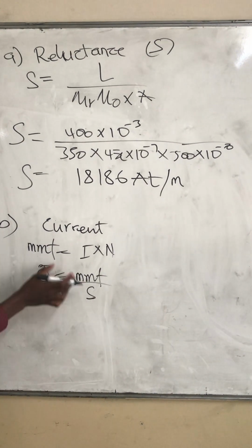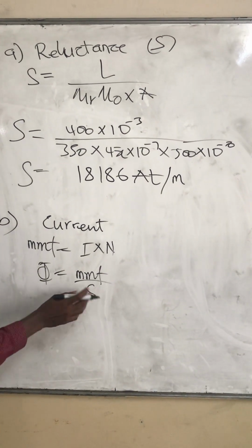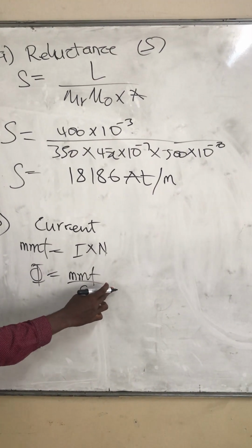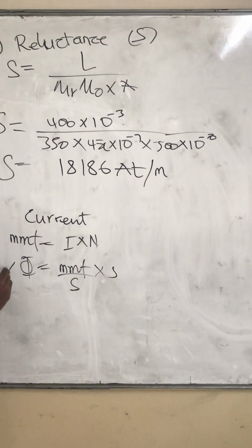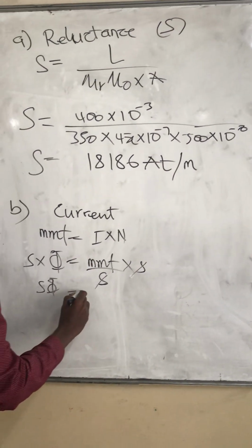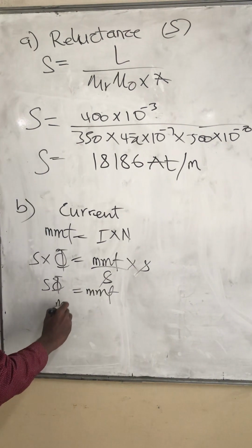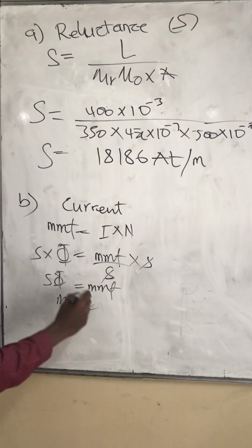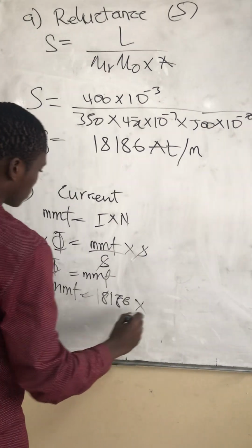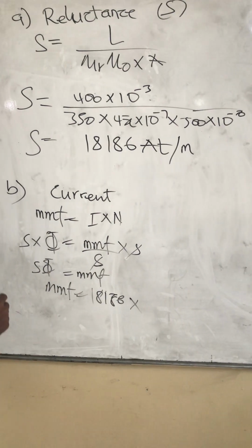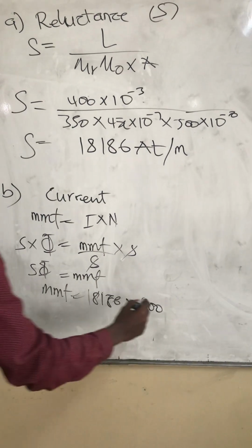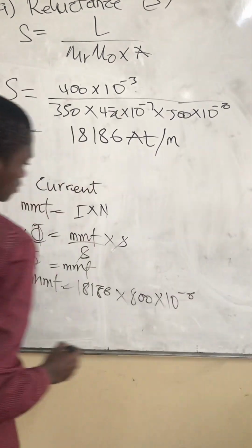So now let's use this formula to get our magnetomotive force by cross multiplying, making magnetomotive force the subject of the equation. So now the reluctance is 18.6 times the flux given, which is 800 microweber. The micro is 10 to the power negative 6.